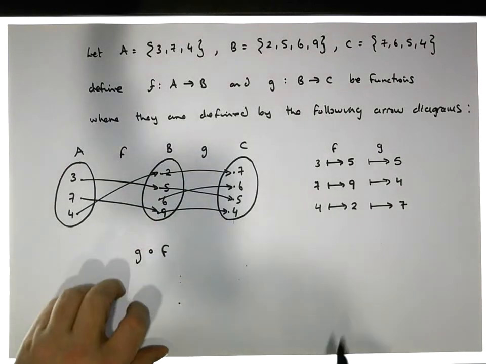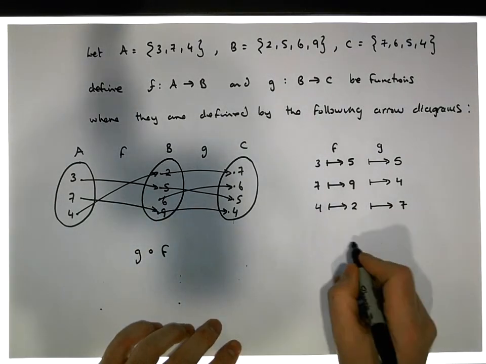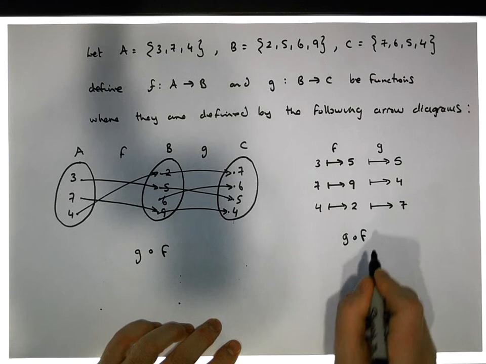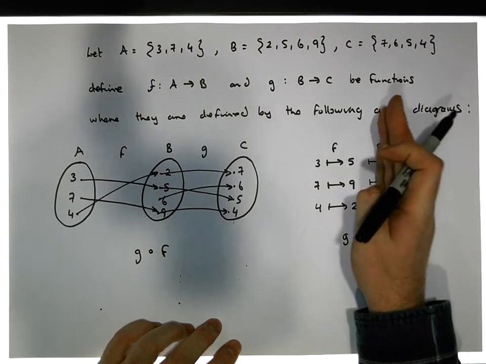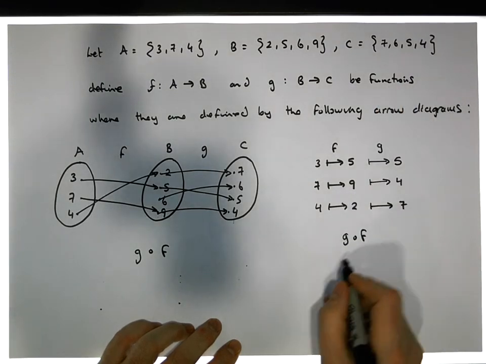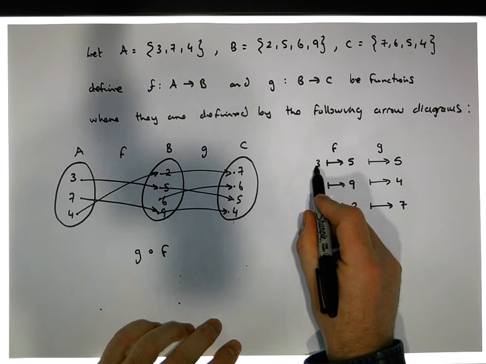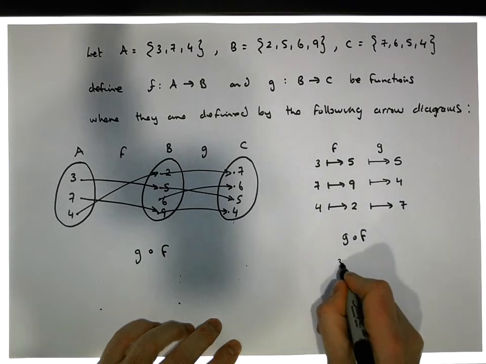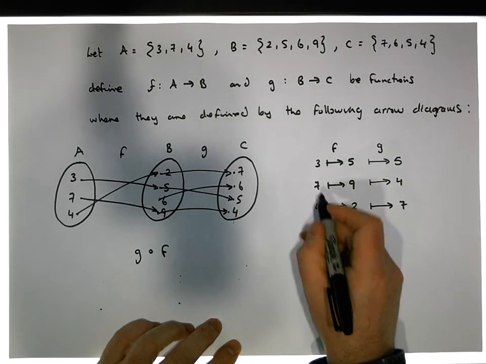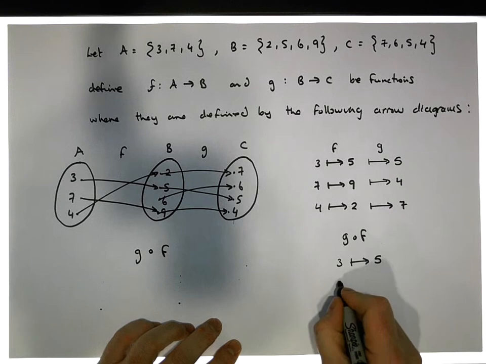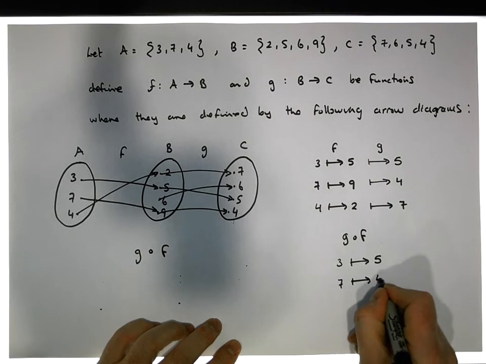So the function g after f, which is g done after we did f, is the mapping 3 is taken to 5, 7 is taken right through to 4, and 4 is taken to 7.